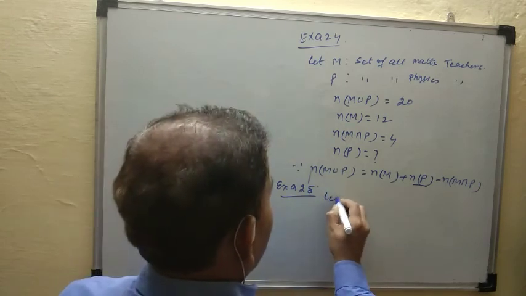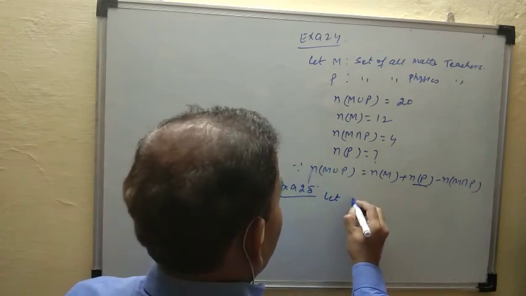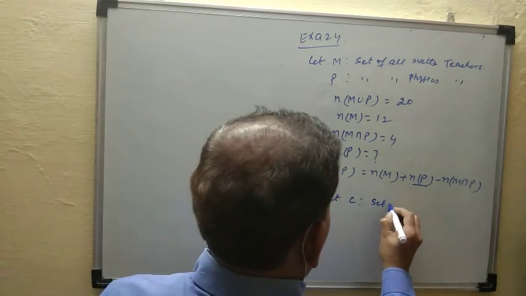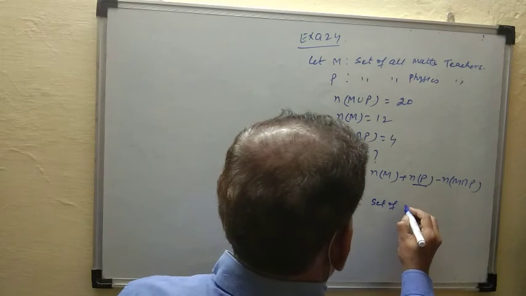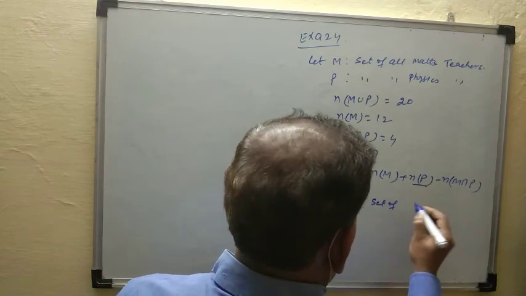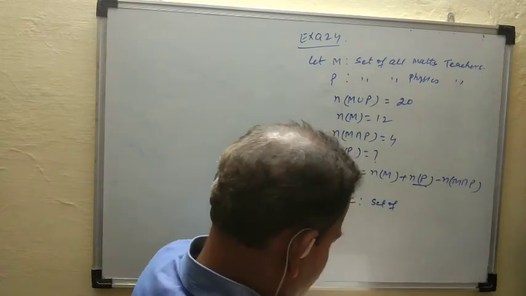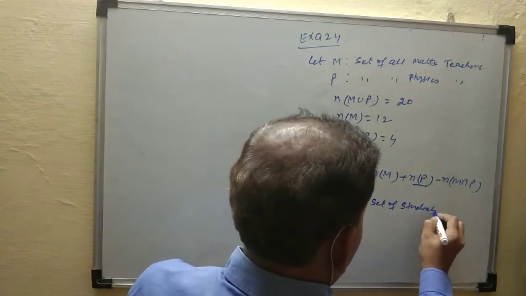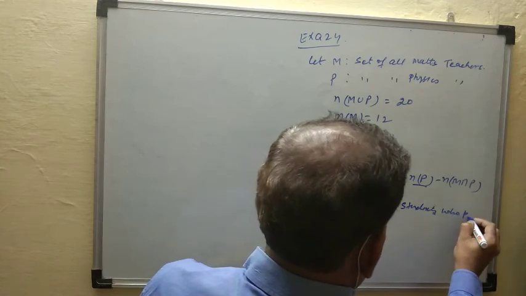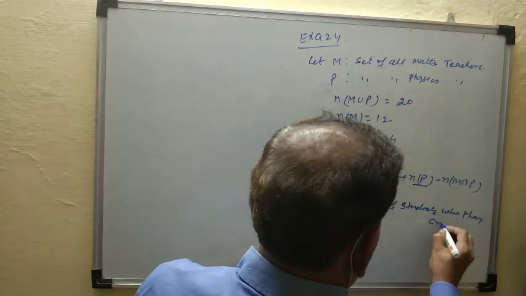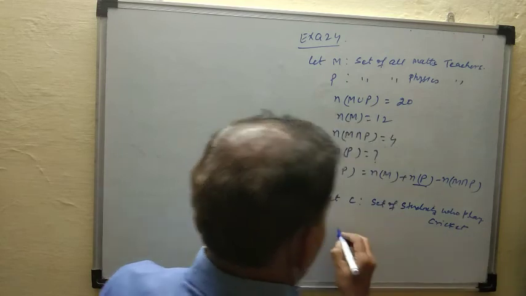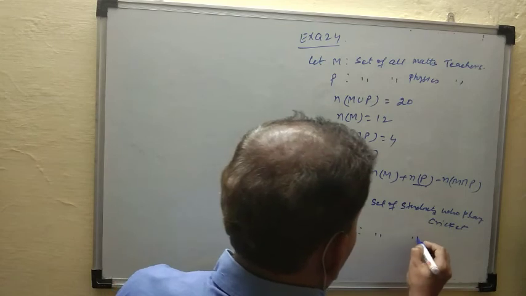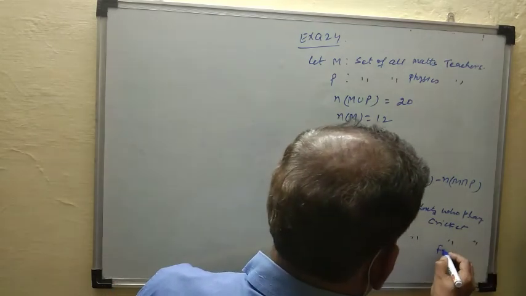So let C be the set of students who play cricket, and F the set of students who play football.